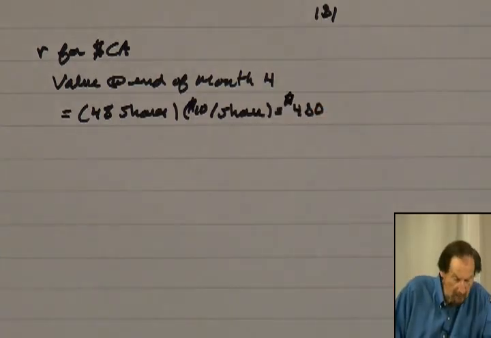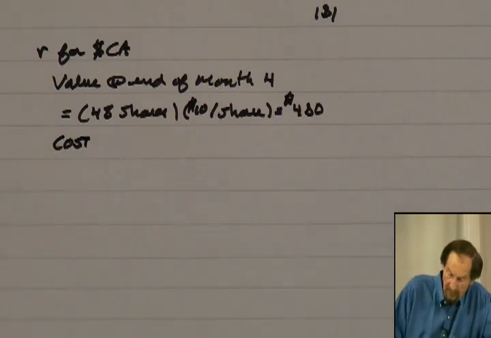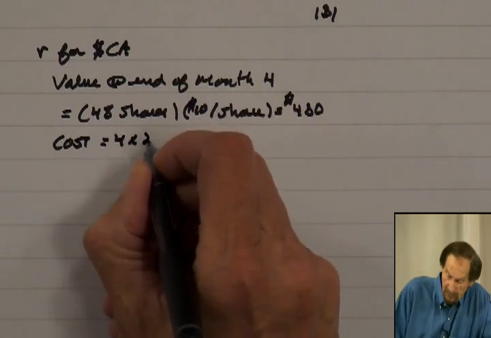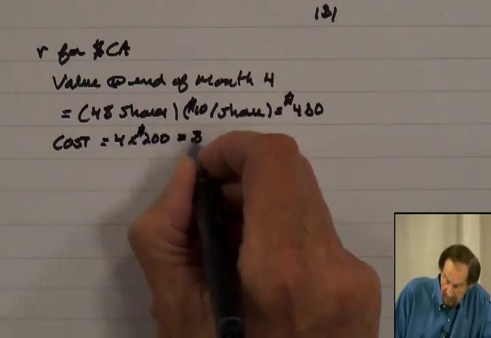Okay, now, what is our cost? We spent $200 a month here. Equals 4 times $200 equals $800.